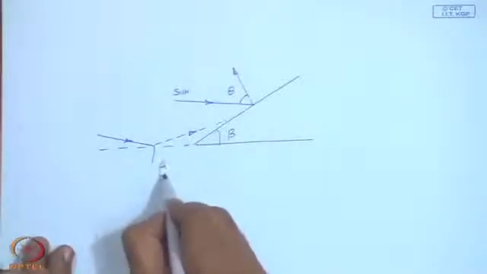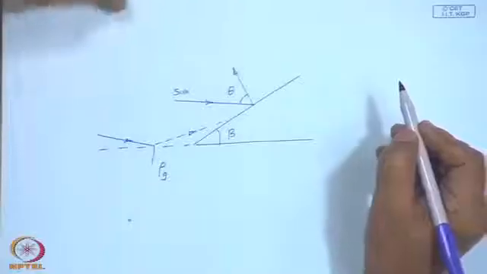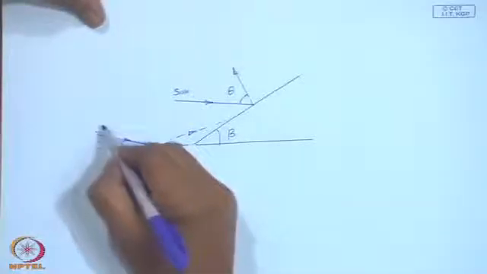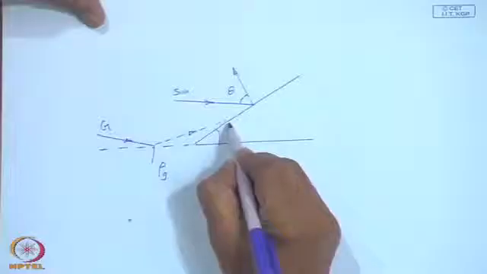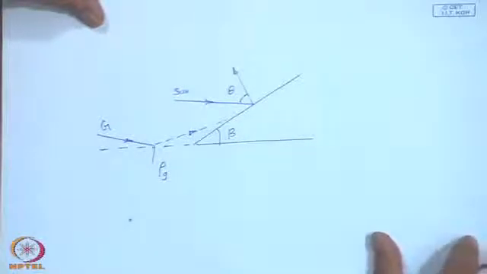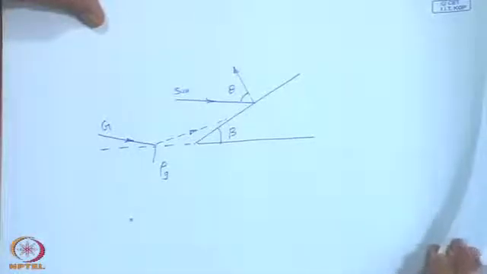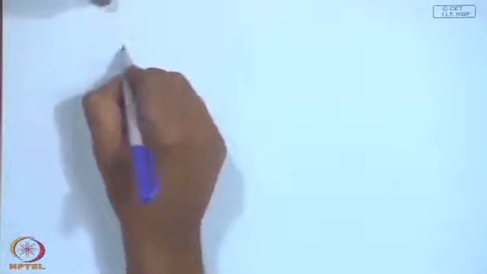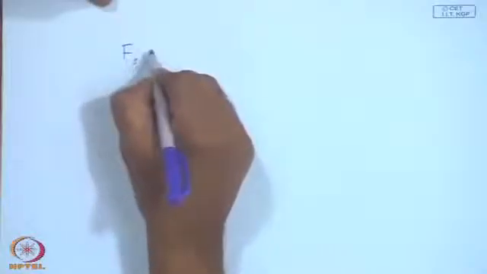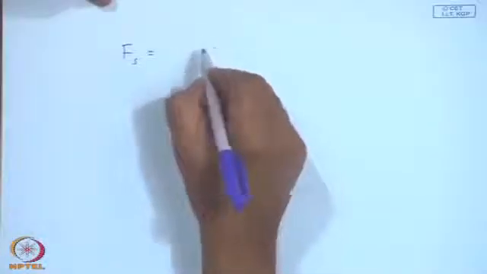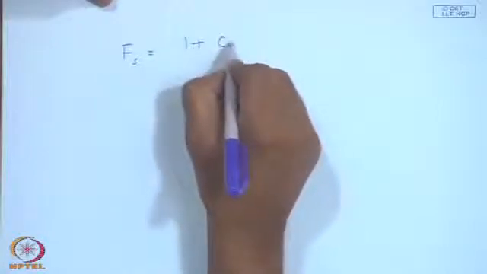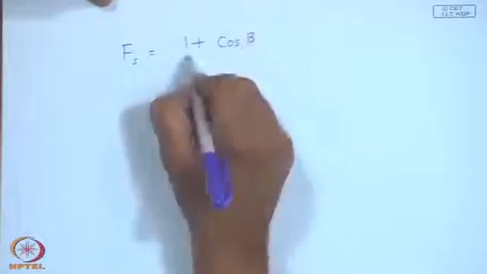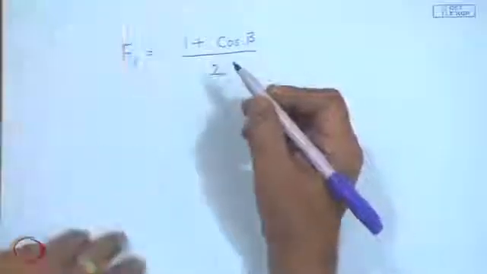This is rho G. The ground reflectance makes G reflect back, some of it reflect onto the collector surface, which will give you that F g rho G into G term. Similarly, this F s associated with G D is given by 1 plus cos beta by 2, where beta is the slope.